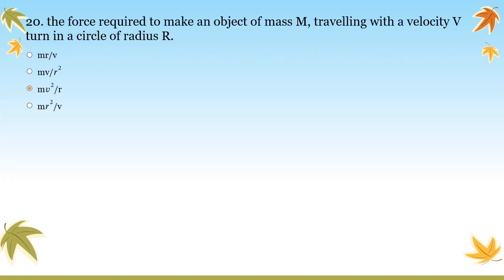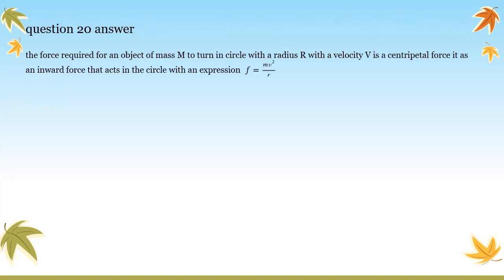The force required to make an object of mass m, traveling with a velocity v, turn in a circle of radius r is the centripetal force. It is an inward force that acts in the circle, with the expression F equals mv squared over r.